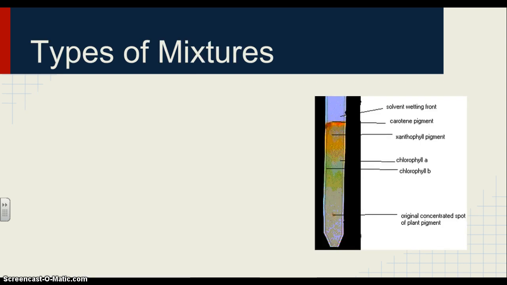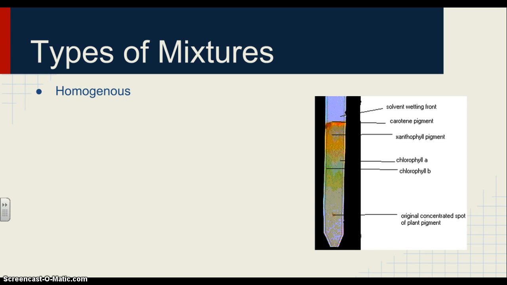A mixture, on the other hand, is going to be a combination of 2 or more different pure substances. Salt water, for example, or let's see, the human body is a very good example of a mixture. There are many, many thousands and millions of compounds all mixed together to make the human body.